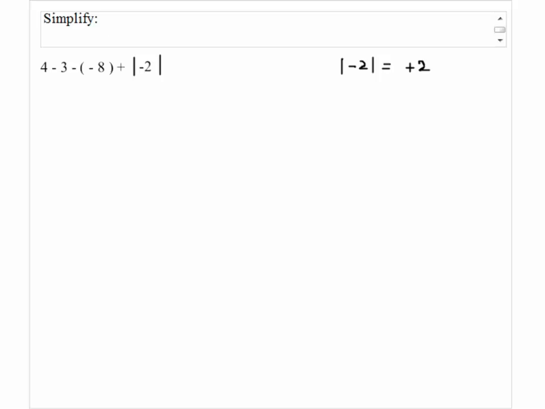When we talk about the absolute value, we are looking at how far the number inside the absolute value is away from 0 in the number line. The number -2 is 2 units to the left of 0.